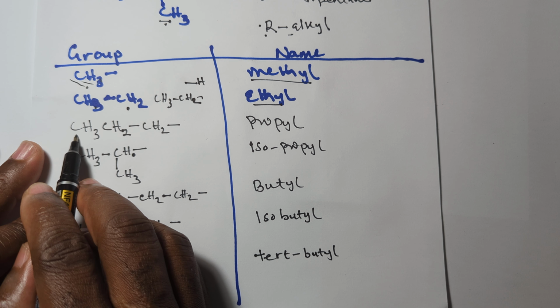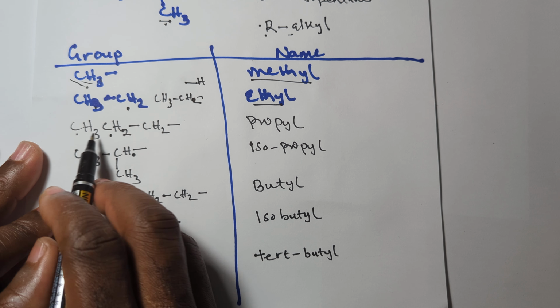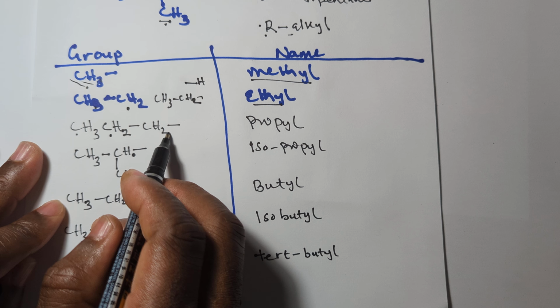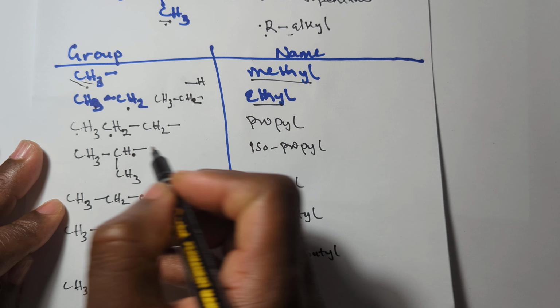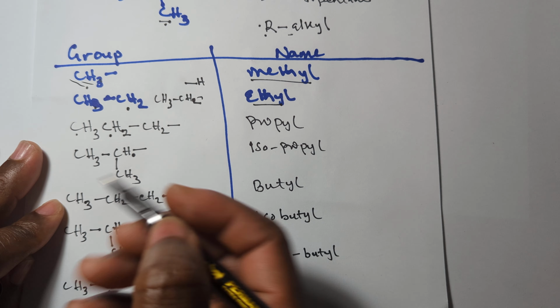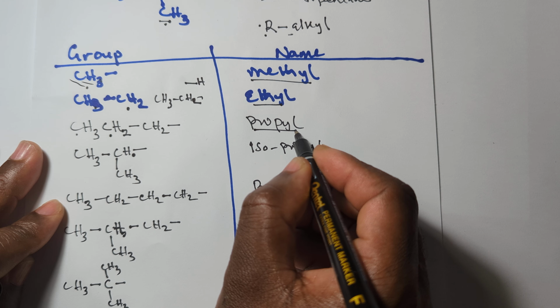For CH3, CH2, CH2, this would be propane if it were CH3, but with minus a hydrogen it is the alkyl group of propane, which is called propyl.